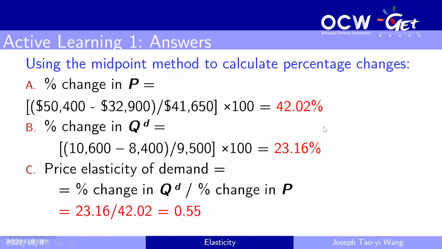So it's 23.16 divided by 42.02, so 0.55. In the exams, you are allowed to bring a calculator, but you cannot use a calculator that has programming or memory function. Even if the numbers are this crazy, that's fine.